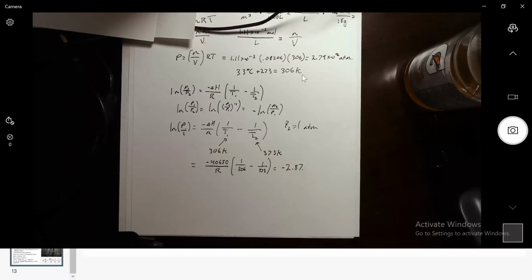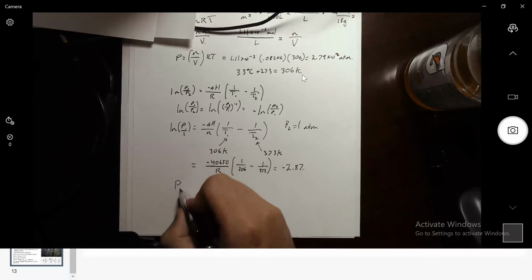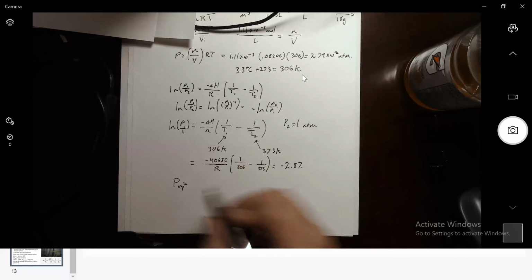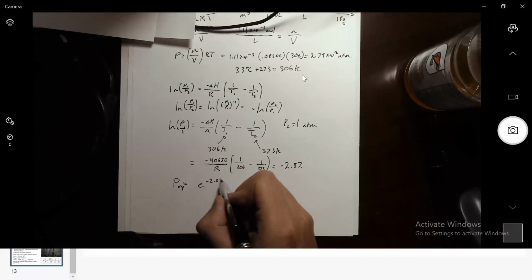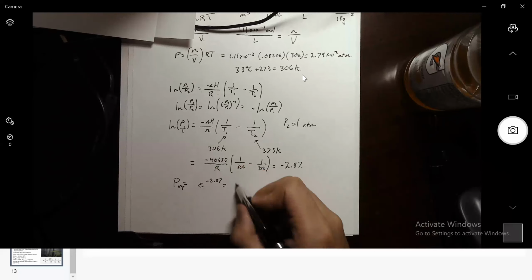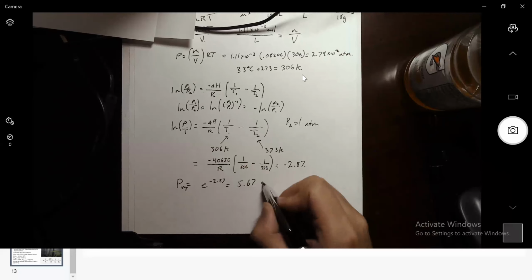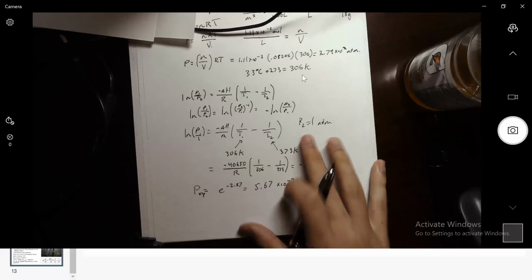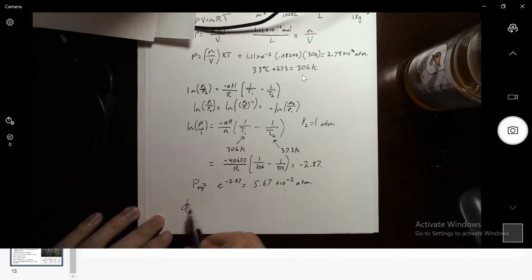Okay, so now we have that the natural log of the pressure equals negative 2.87. Therefore, pressure equals e to the negative 2.87, which equals 5.67 times 10 to the minus 2 atmospheres. Okay, almost there. So phi equals pressure of H2O divided by the vapor pressure.